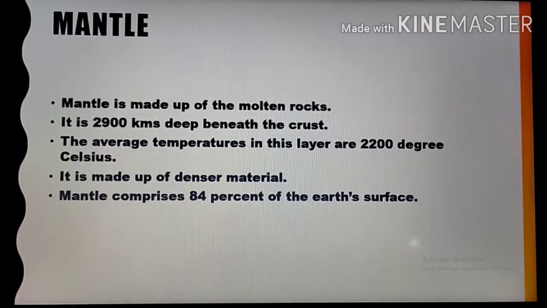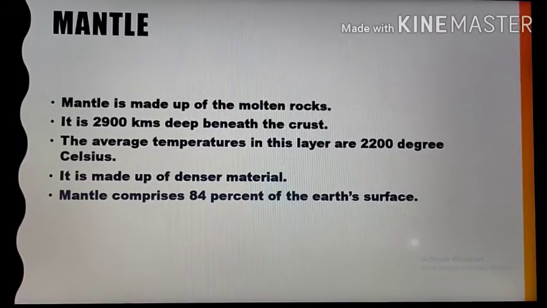Now just beneath the crust is the mantle, which extends up to a depth of 2900 km below the crust. The upper mantle contains pockets of molten material called magma. It is a mobile, semi molten layer over which crustal plates can move.